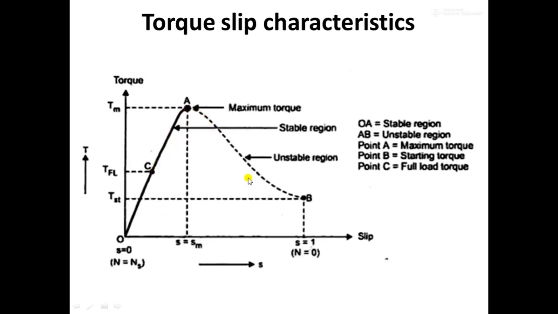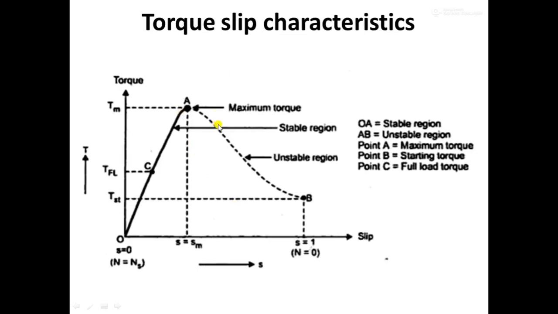And this high slip region or this rectangular hyperbola region is considered as an unstable region. The reason behind that is if we try to increase the load on the induction motor, just like what we said before, the speed of the induction motor will get reduced. So when the speed gets reduced, then definitely the value of slip also will increase.